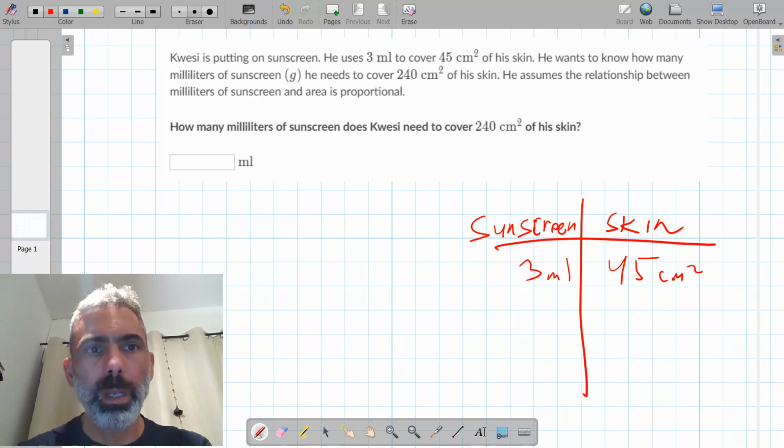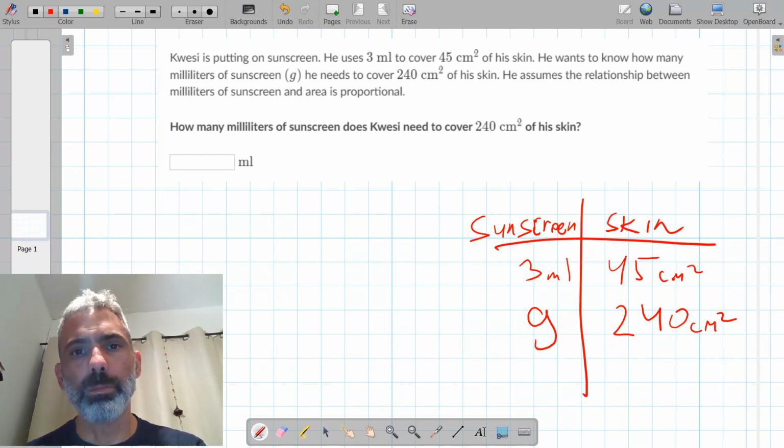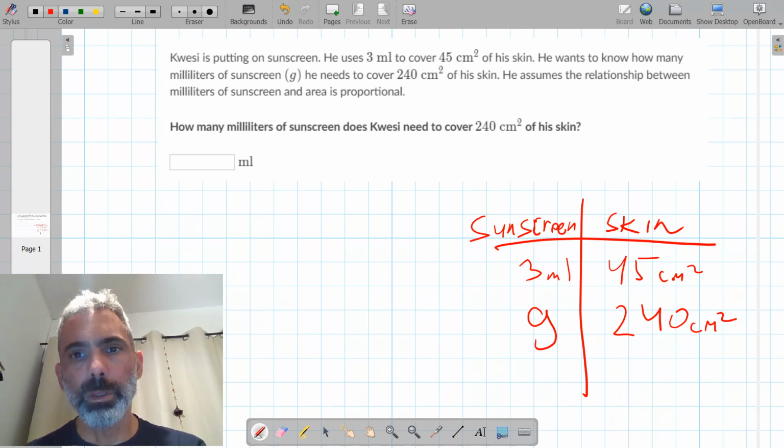He wants to know how many milliliters of sunscreen, G, he needs to cover 240 squared centimeters of his skin. He assumes the relationship between milliliters of sunscreen and area is proportional. How many milliliters of sunscreen does Kwesi need to cover 240 squared centimeters of his skin?